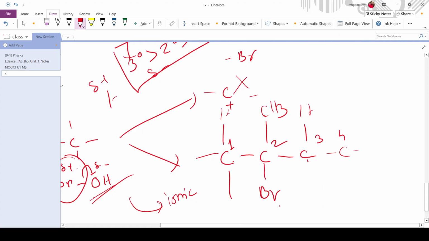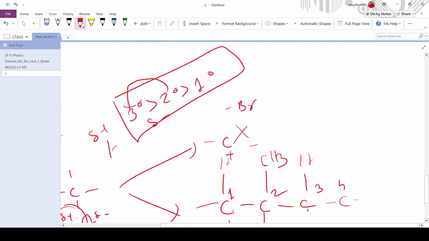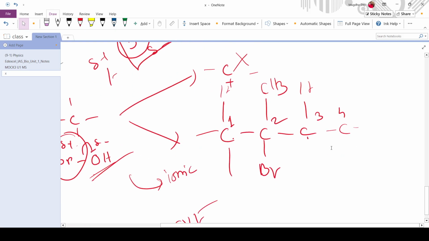If the bromine gets connected here, second degree will be produced. But why will the second degree be produced if we have a more favorable condition for third degree to be produced? Because third degree is more stable than second degree, isn't it? We always want a more stable carbocation for a major product. And if third degree is possible, then yes, third degree will be produced.